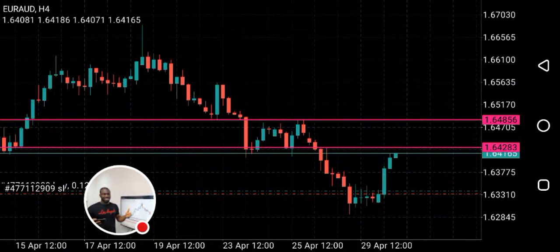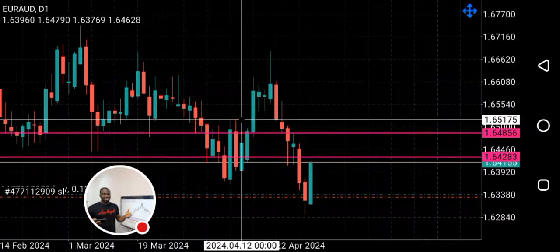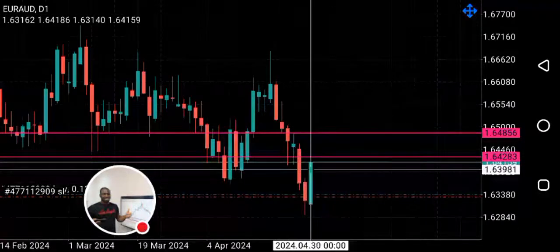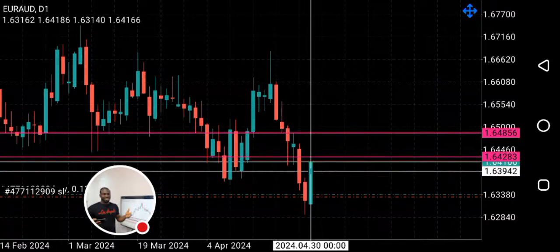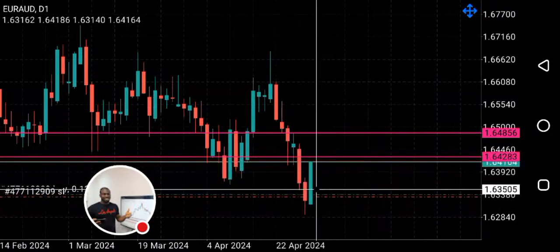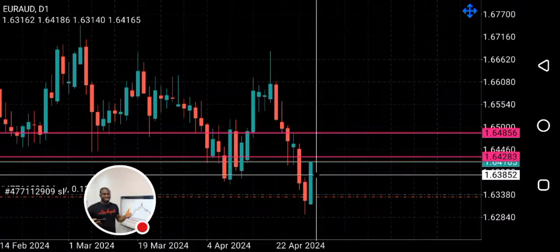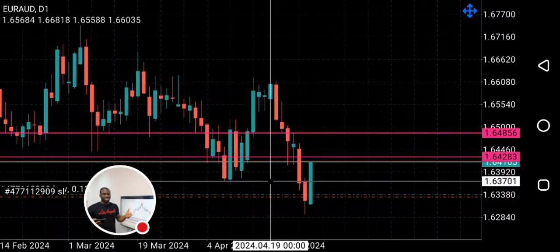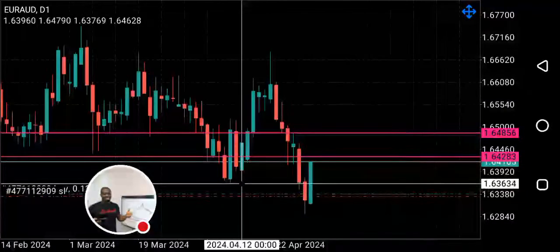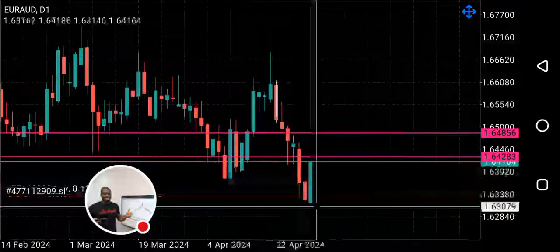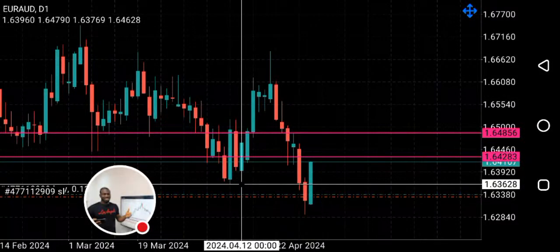As you can see, Euro Australian dollar is still very bullish. We have to wait for today's candle to close to call this an engulfing, because this candle that is bullish can still close bearish. But you can see we had a previous support here. Liquidity was cleared at this previous low, and right now they've pushed price up above this area of liquidity that was cleared.